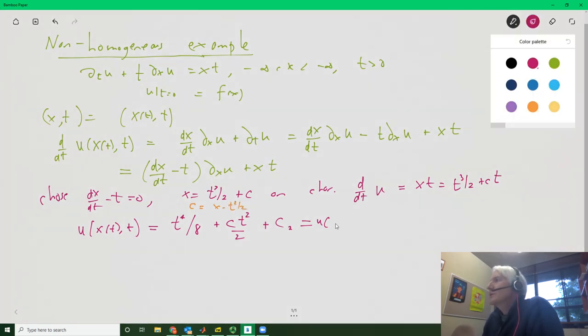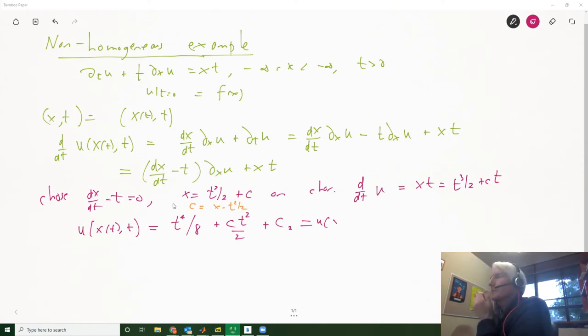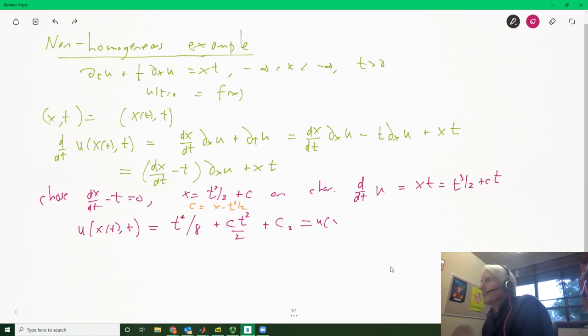So this is u of x equals t squared over 2 plus c, comma t.